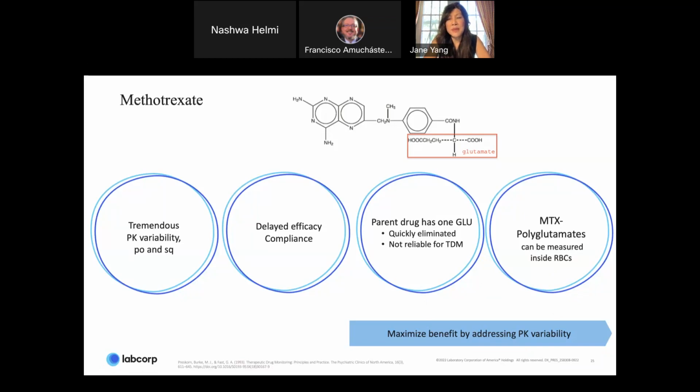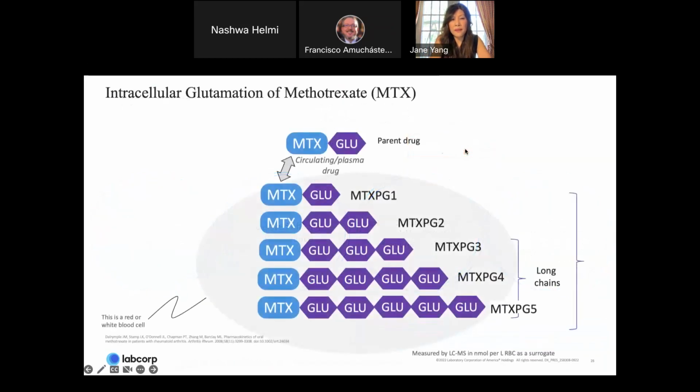Hence, we actually measure methotrexate polyglutamates in red blood cells as a surrogate for what's going on in the white blood cells. As you can see here, the parent drug methotrexate has one glutamate residue. As such, this parent drug enters into cells, and inside of cells, it's converted to methotrexate polyglutamates by the sequential addition of glutamic acid residues.